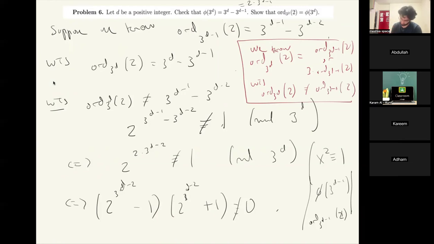But what I don't understand is how we can use that to analyze this. We use the induction hypothesis that this is actually the order mod 3 to the d minus 1. But what will that tell us?